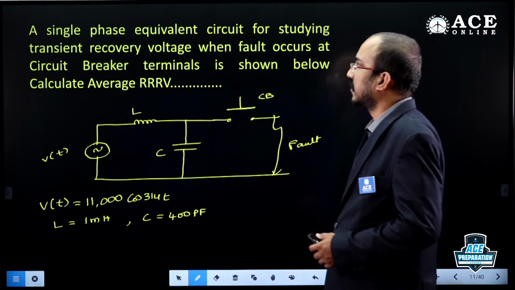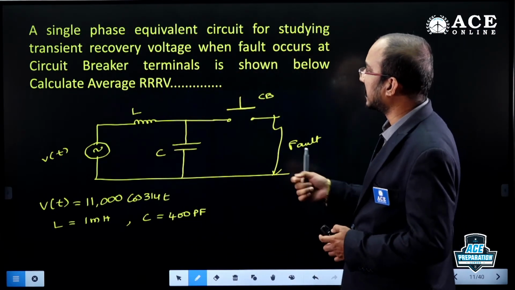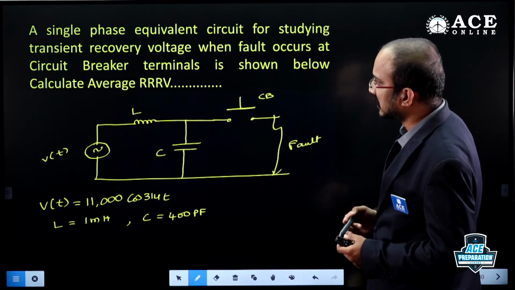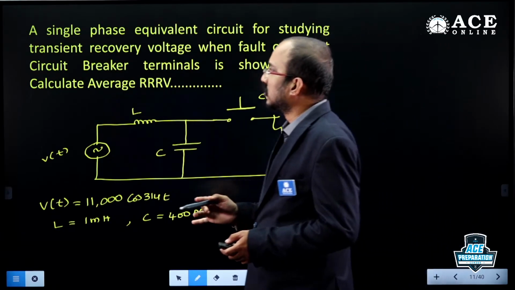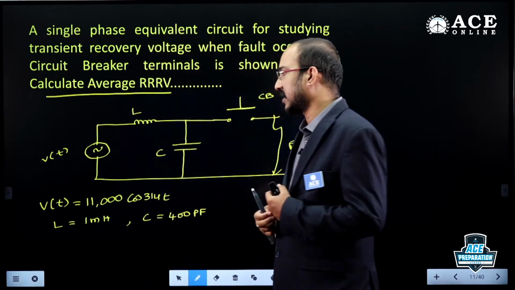Observe this one. The single phase equivalent circuit for studying the transient recovery voltage when a fault occurs at the circuit breaker terminals is shown below. What is the average rate of rise of restriking voltage?